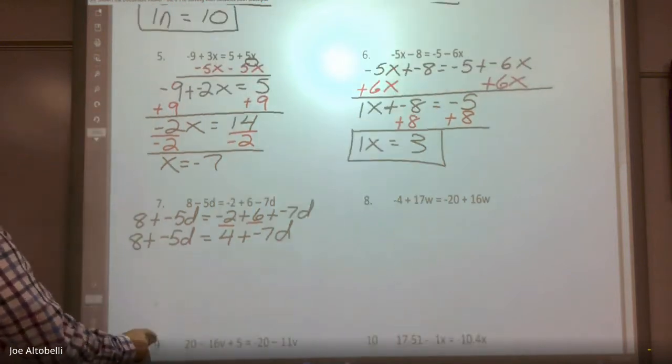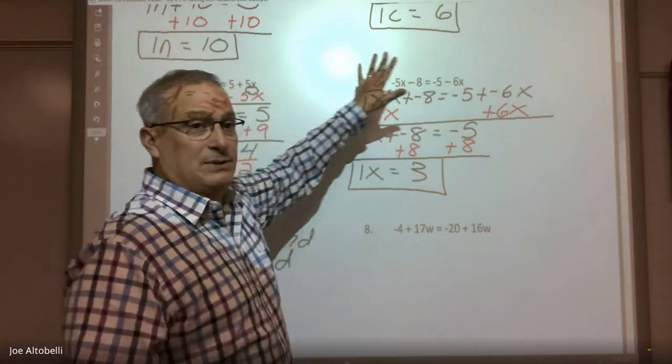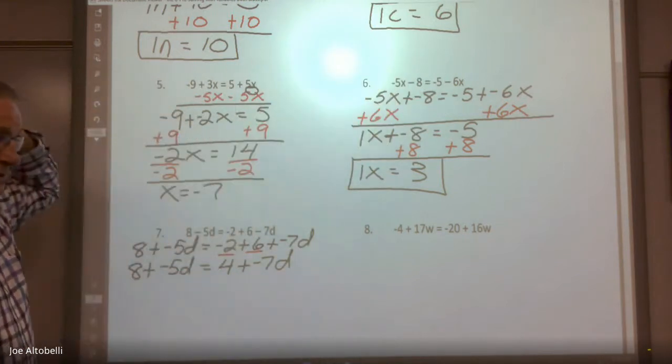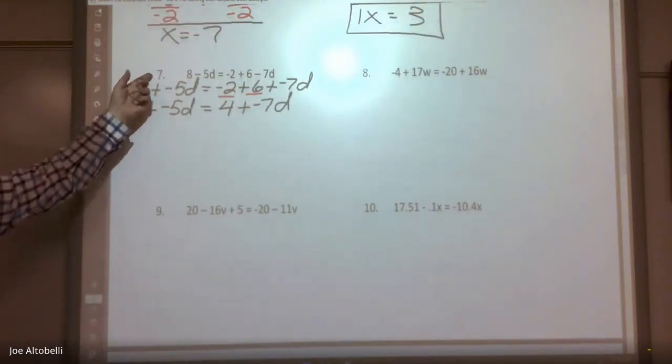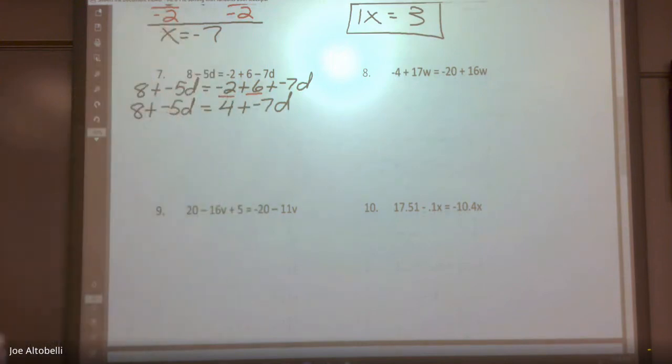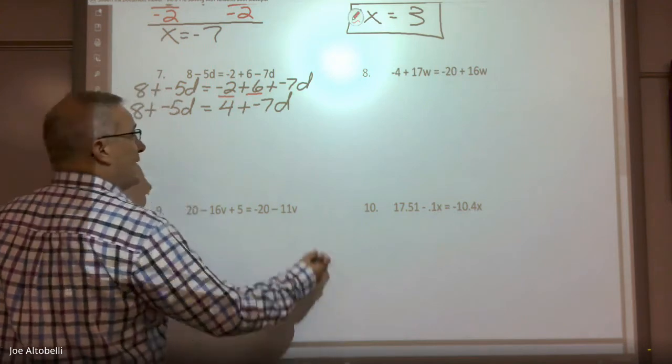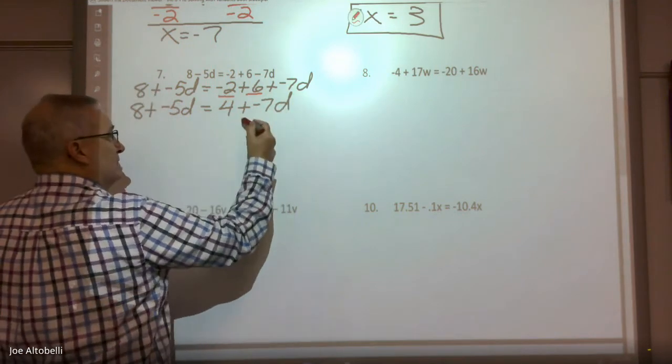Now, if you followed how to do these two problems, 5 and 6, number 7, to finish, it's just like 5 and 6. Okay? I am going to eliminate the variable on the right side. To do that, I have to add 7d.